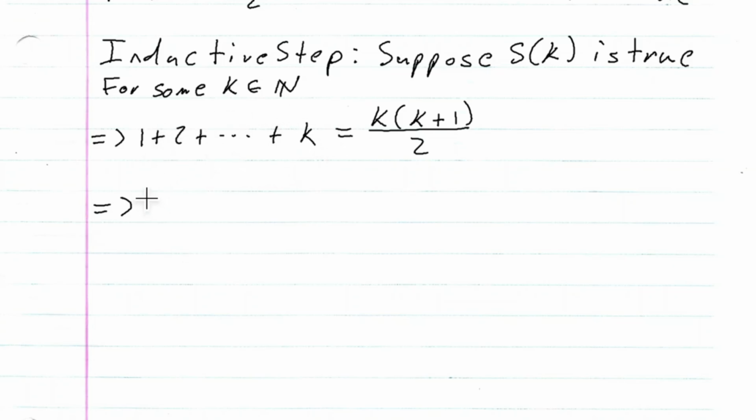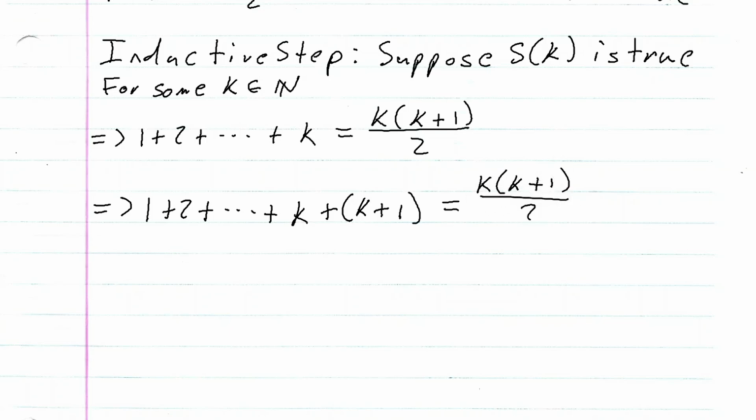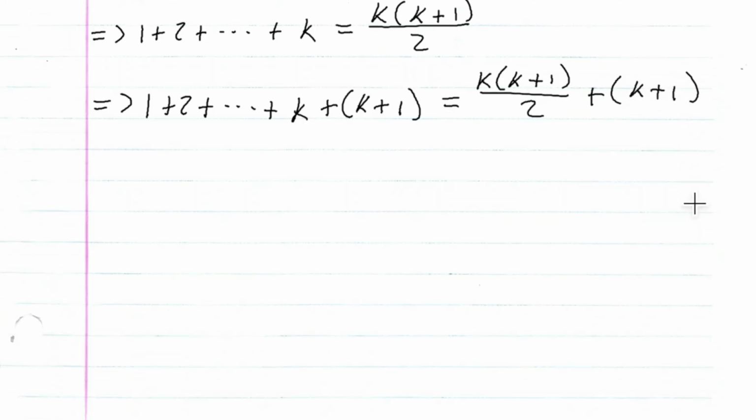So S of k plus 1 would start with 1 plus 2 plus dot dot dot plus k plus k plus 1, right? We assumed that 1 plus 2 plus dot dot dot plus k is equal to k times k plus 1 over 2. So this piece is equal to this, and then we have that k plus 1 still. All right, now we have the left-hand side for our S of k plus 1.